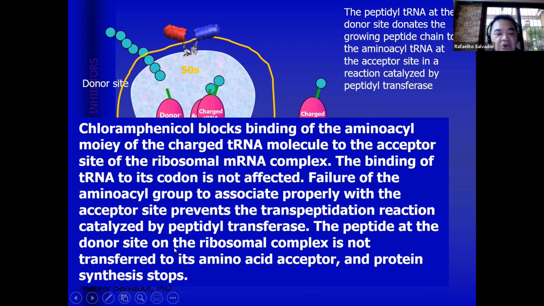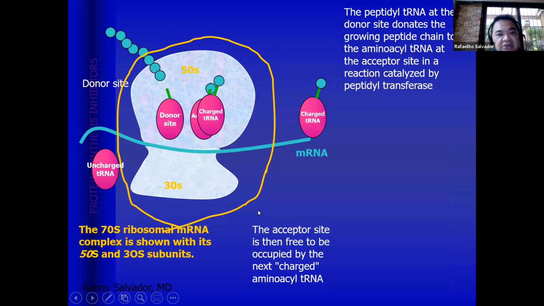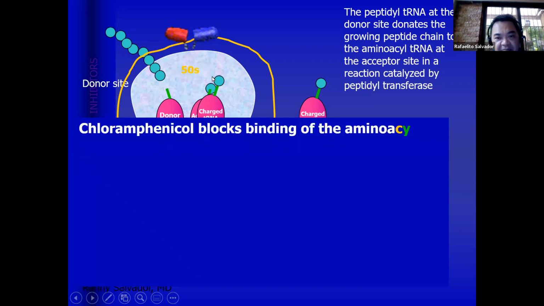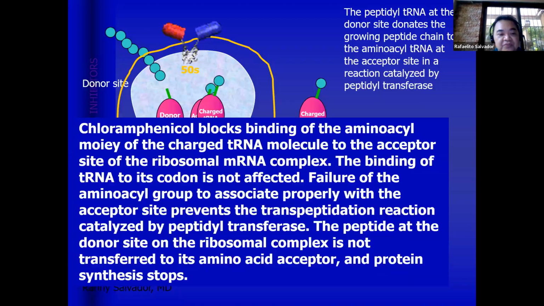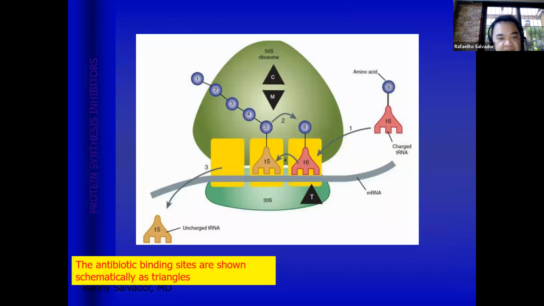The peptide at the donor site on the ribosomal complex is not transferred to its amino acid acceptor, and protein synthesis stops. So it inhibits peptidyl transferase.